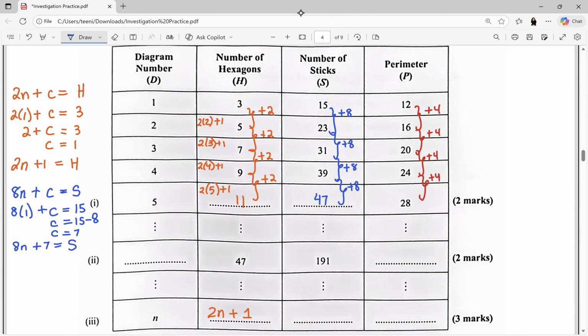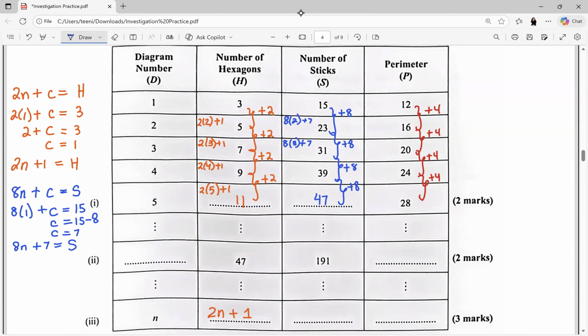So let us test the rule to see if it works, right? It says to get the number of sticks, you say 8 times the diagram number. So 8 times 2 in this case. 8 twos are 16 plus 7. 16 plus 7 is 23. So it works out for that one. When the diagram number is 3 now, 8 times 3 is 24, and 24 plus 7 is 31. It works there.